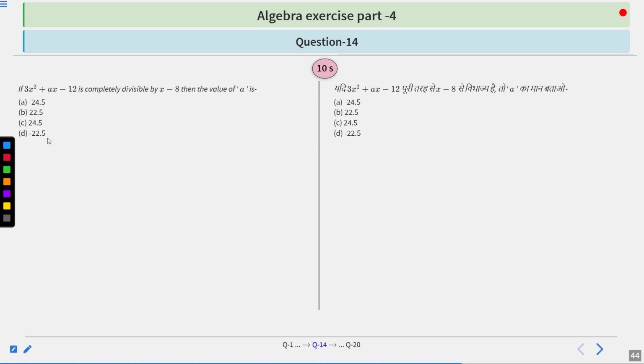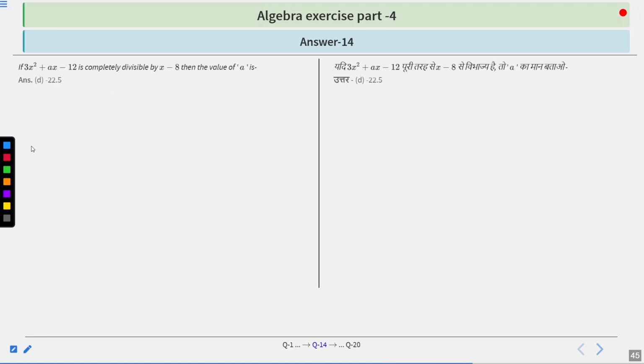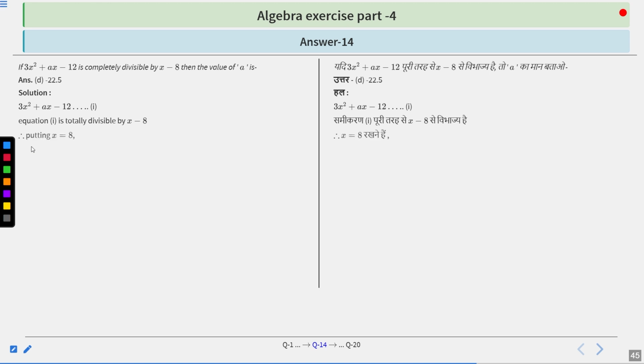These are the options. So we have the equation 3x square plus ax minus 12, that is equation 1. Equation 1 is totally divisible by x minus 8.